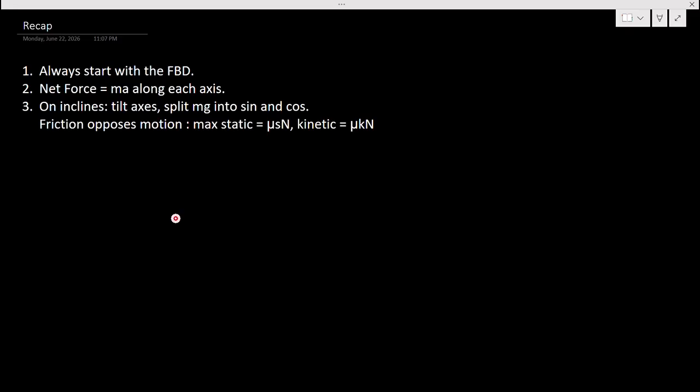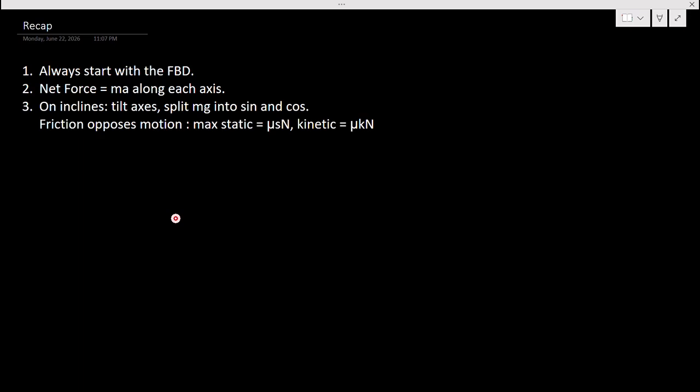So the recap of this video is that the first thing while solving any mechanics question is to always start with an FBD. Second, the net force equals ma along each axis. So you need to create axes, and then the net force on each axis will be mass times acceleration.